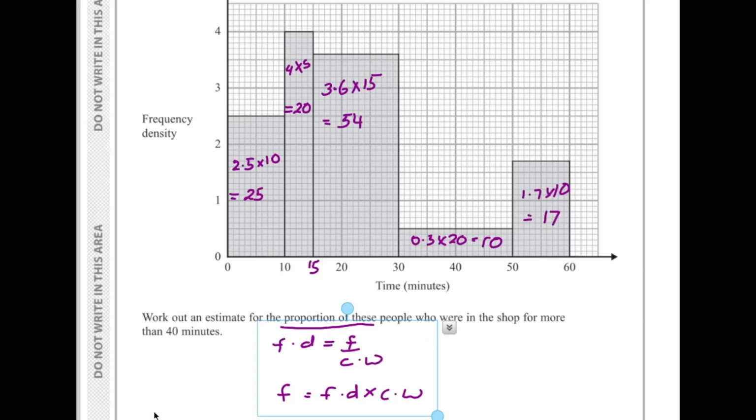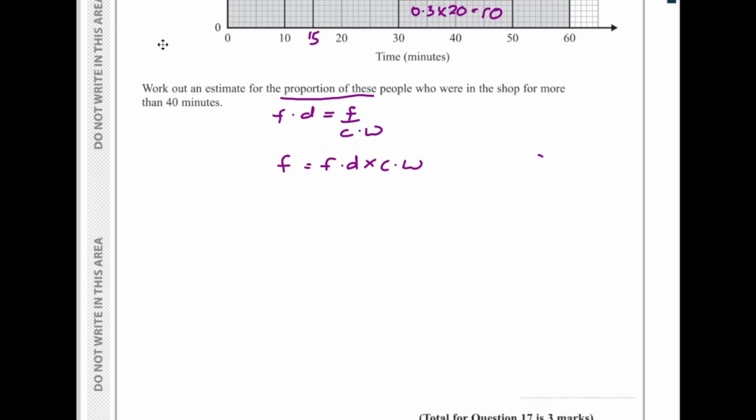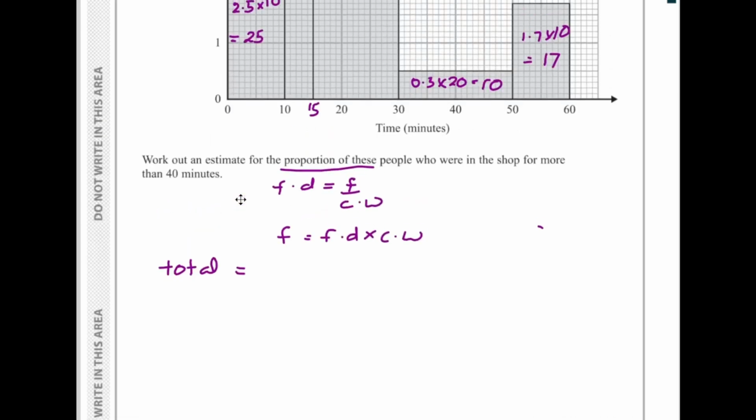Now we can get the total frequency. How to get the total frequency? We have to add these frequencies together. Total frequency equals the first one we got, 25, plus the second one, 20, plus 54, plus 10, plus 17.